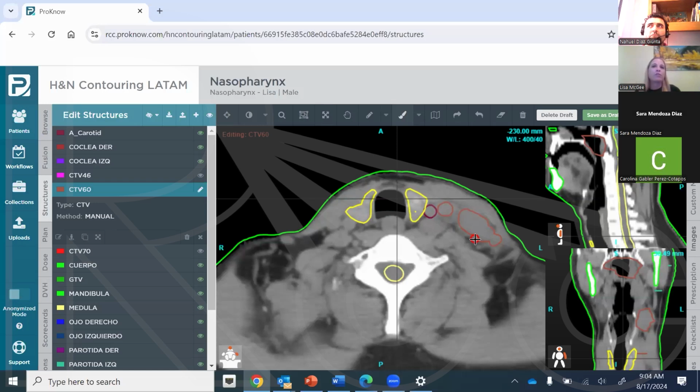So our preference is to place bolus directly on skin, cut that at the time of CT simulation, and then make the mask so that the bolus goes inside of the mask. And you're using the immobilization mask to hold the bolus flush up against the skin surface.